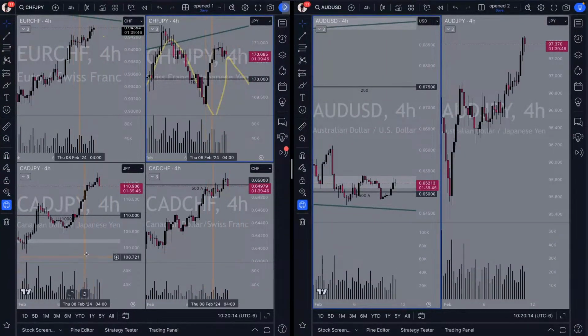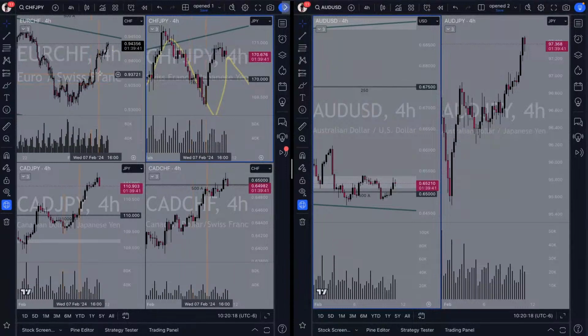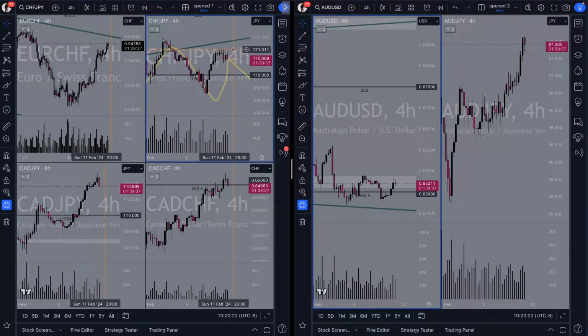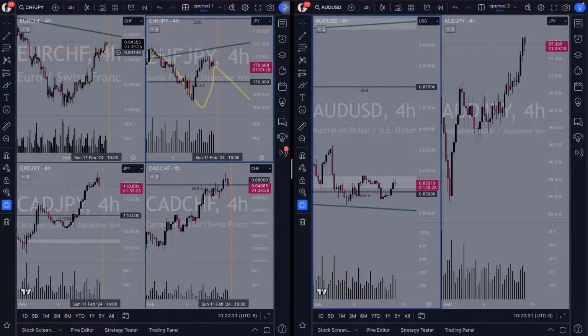So we are selling all of these pairs. Hmm, that sucks because Euro CHF and CHF Gen are away from their dynamic lines. Euro CHF, I see it with appetite to keep going up. CAD Gen is going down nicely in 4H, which is nice to see.